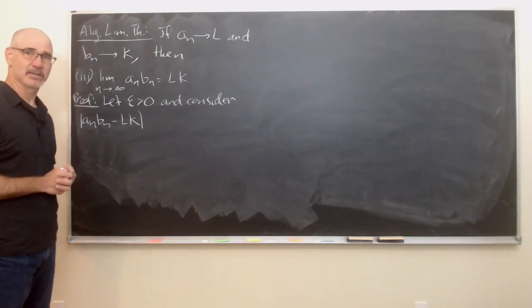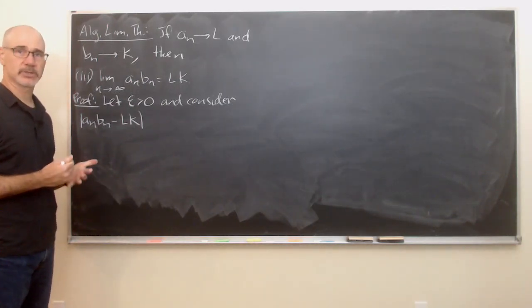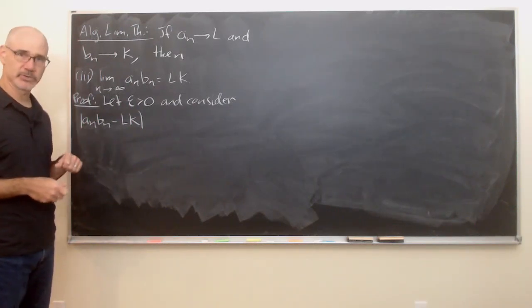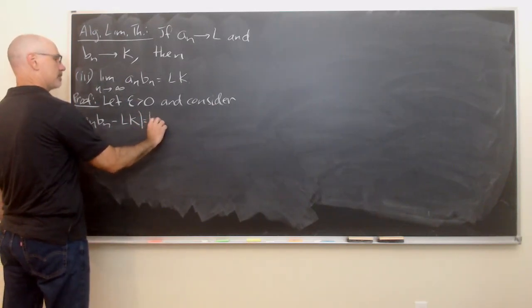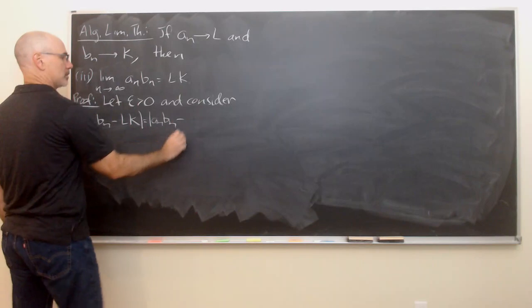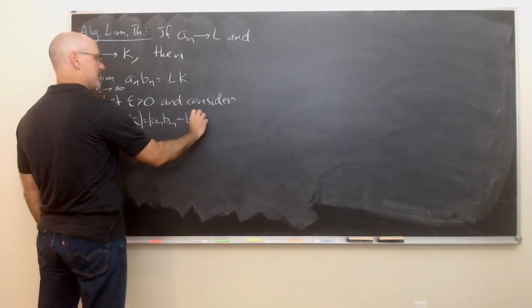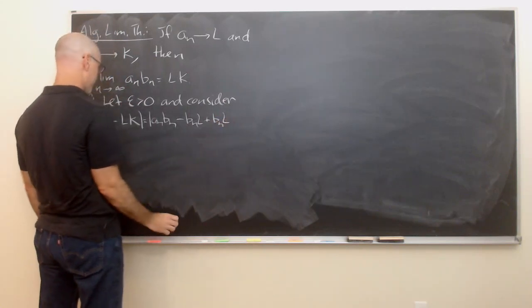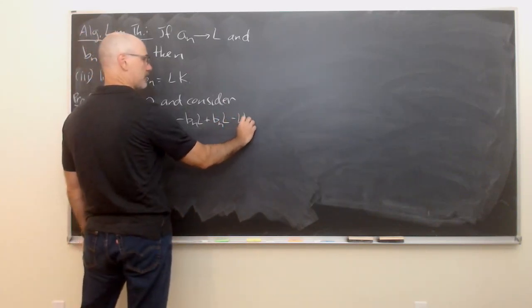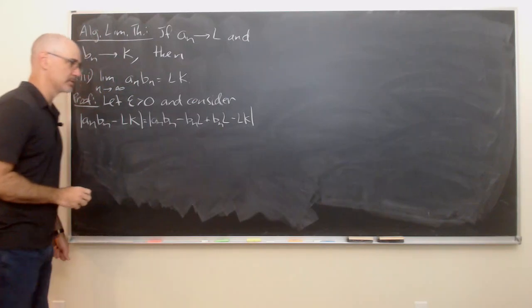Or you can add a clever form of 0 to it, which also changes the appearance but not the value. We're going to use the second of those two tricks. So inside the absolute value, we're going to subtract Bn times L and add Bn times L, so we don't change the value. And then we still are subtracting Lk.